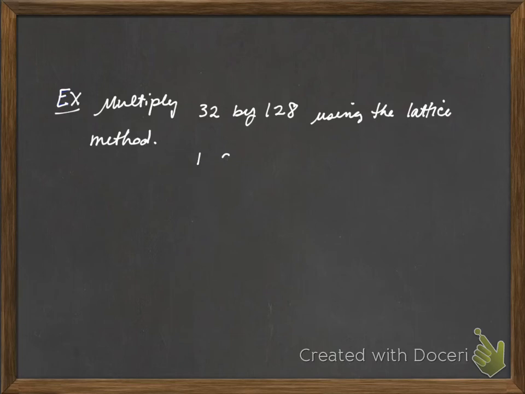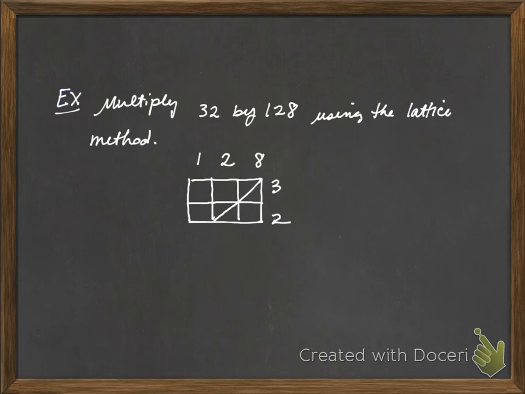I'm going to take the larger value, 128, and put it on the top. That's just a preference. I like to do it that way. And then I put 32 on the side. And now I'm going to create my matrix. I have 3 digits on top, so I have 3 columns, and I have 2 digits on the side, so I have 2 rows. Now I have to place in the diagonals. So that part's done, and voila.